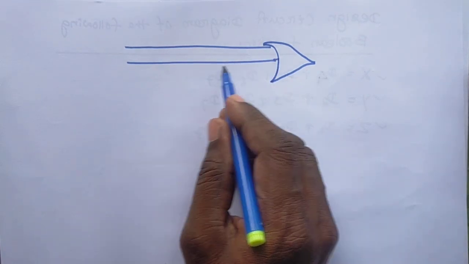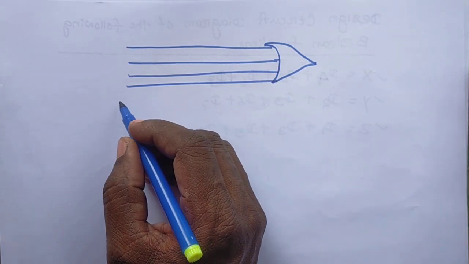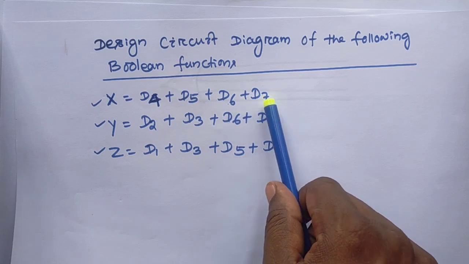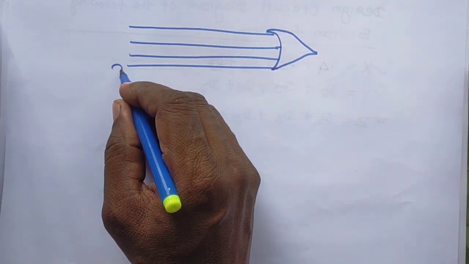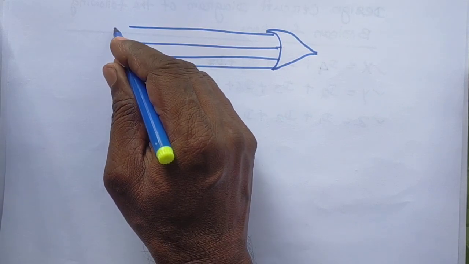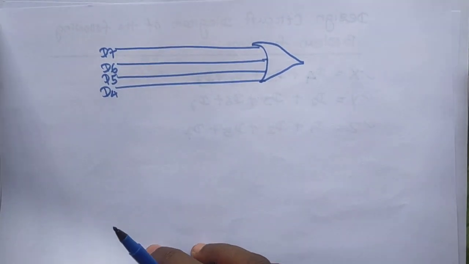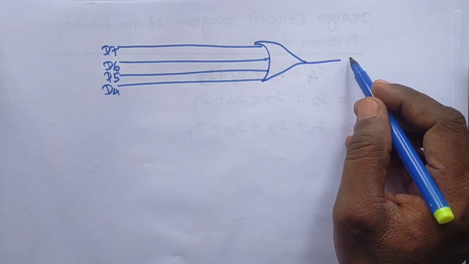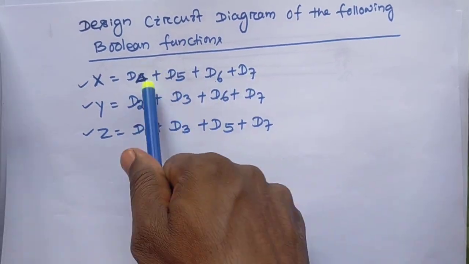The inputs are D4, D5, D6, D7. These four inputs we provide to the OR gate and get the X output, because X output depends on these four inputs.